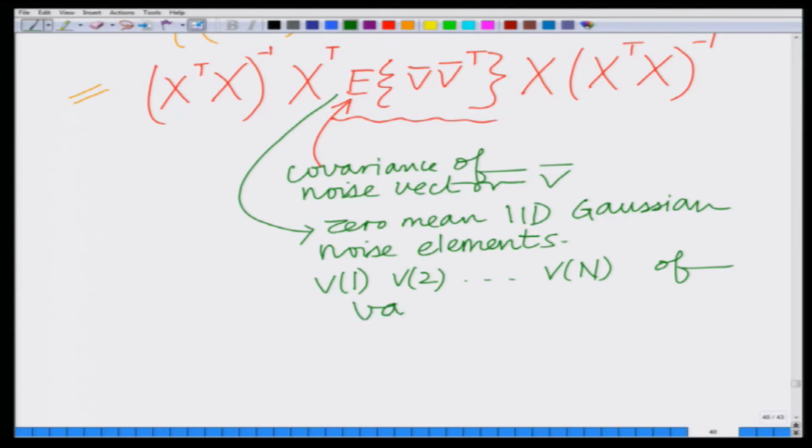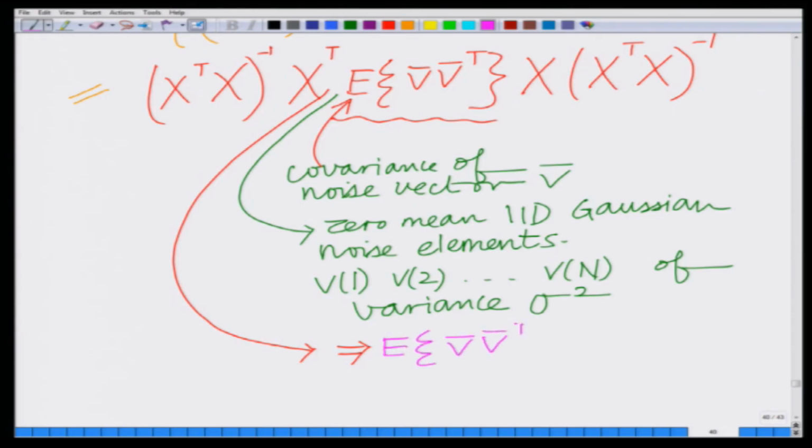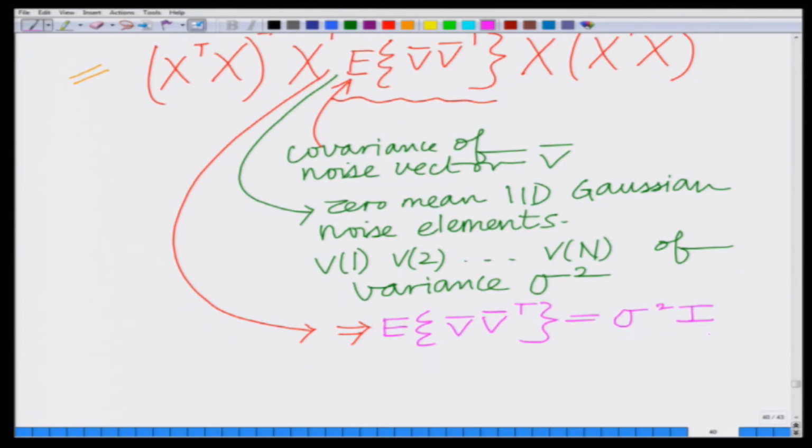Each noise sample has mean 0 and variance sigma square, and these noise samples are independent, which implies the covariance expected V bar transpose is equal to sigma square times identity.